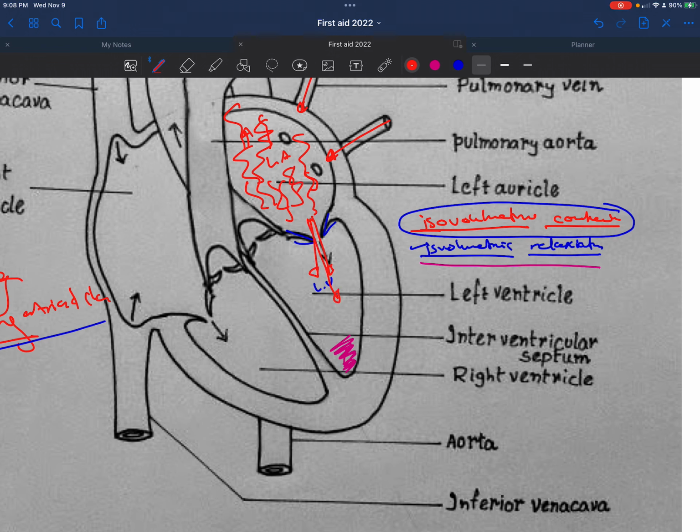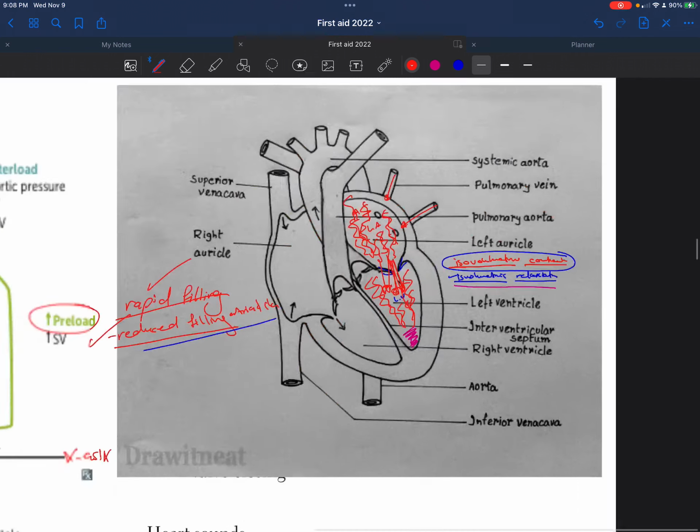But because this amount of blood in the left atrium is too much, that means the mitral valve is going to stay open for a longer time because it's waiting for all this blood to pass through. So now it's allowing all of this blood to pass through, and all of it comes in here within the left ventricle. So there you go.